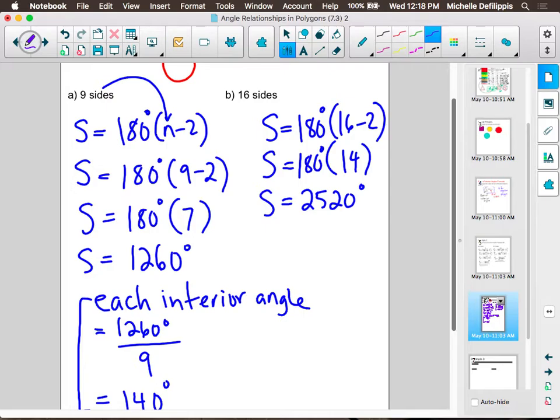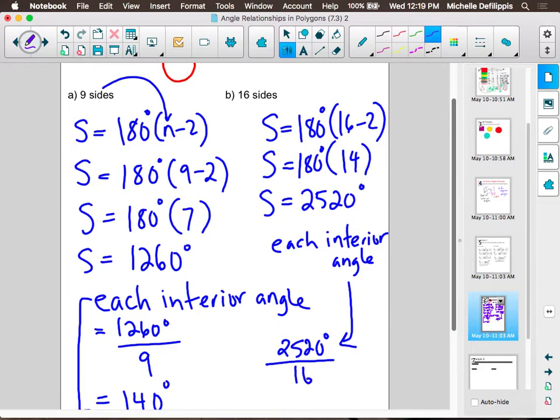Well, again, if I want to know each interior angle, okay, sorry, I didn't plan accordingly here. That would be 2,520 divided by however many sides I had, which was 16, and that ends up being 157.5 degrees.